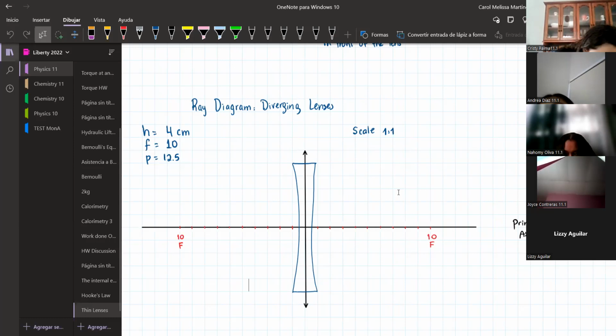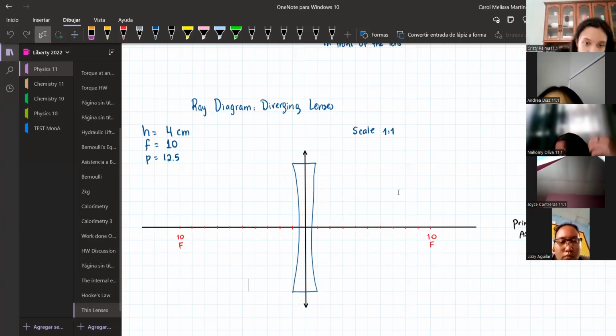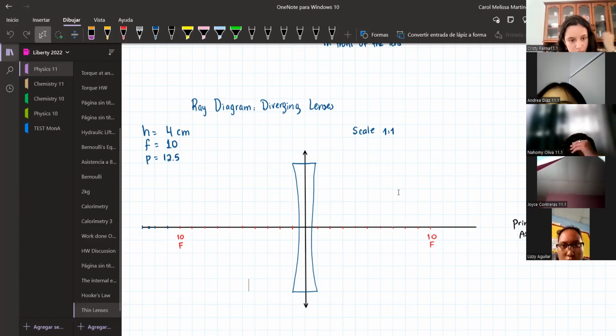After. After the focal, okay? So I have here my 11, 12. So my object is going to be between 13 and 12, okay? 12 and 13, right in the center. Okay? So right over there, with a size of 4 centimeters, I'm going to sketch my object.